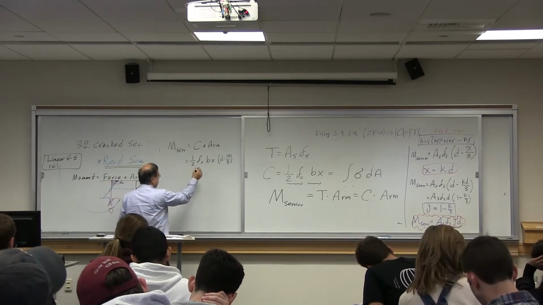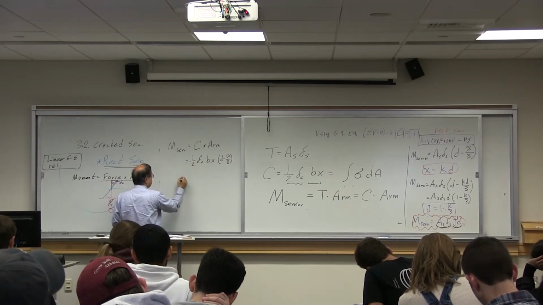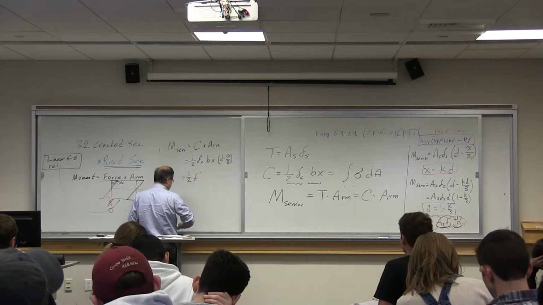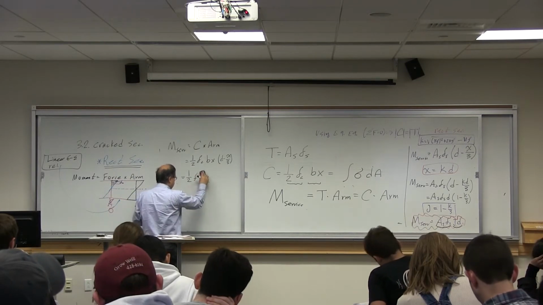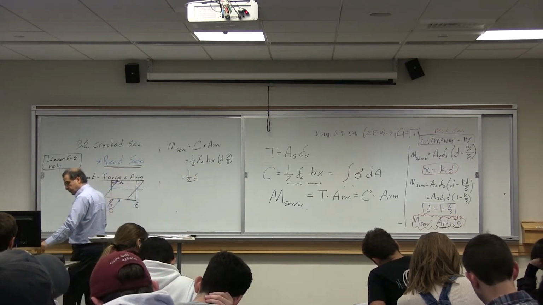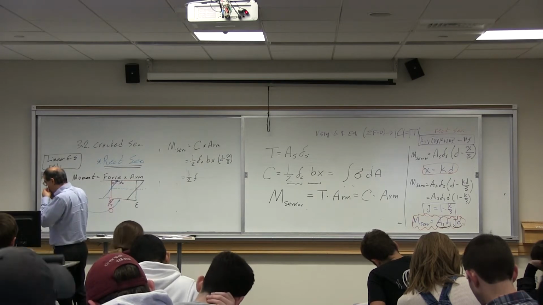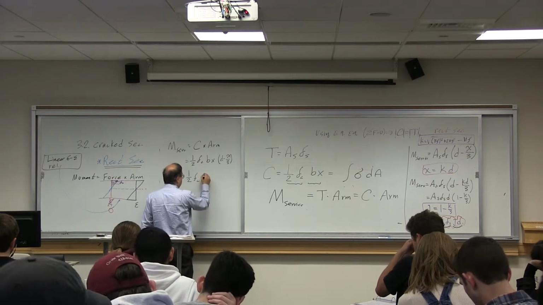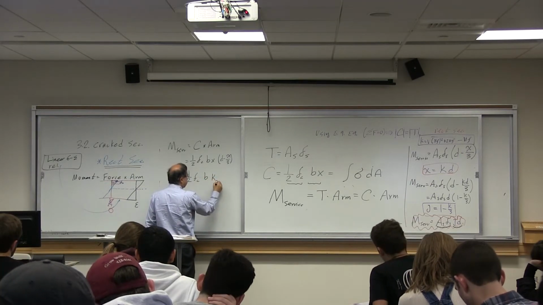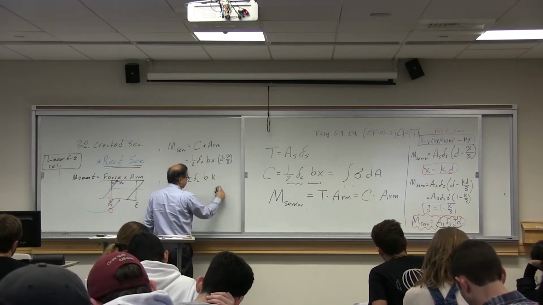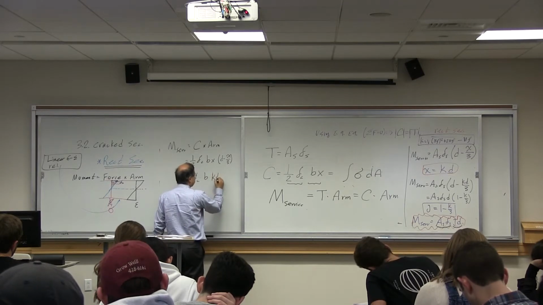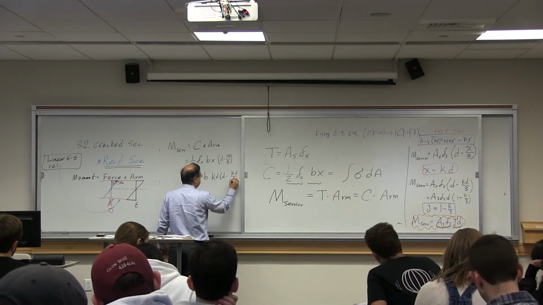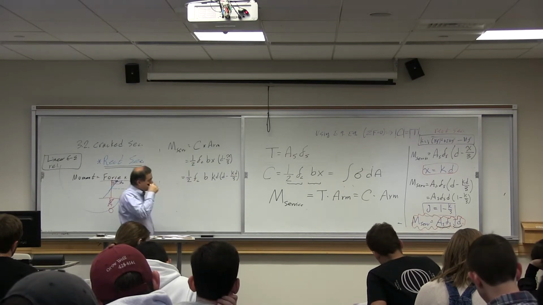x is equal to k times d, therefore it is equal to 1/2 of fc b k d times d minus kd divided by 3.